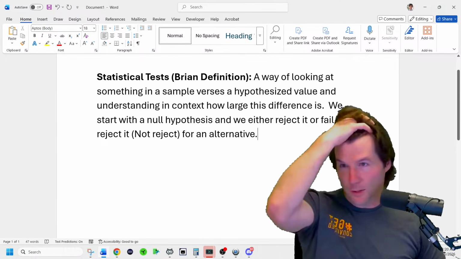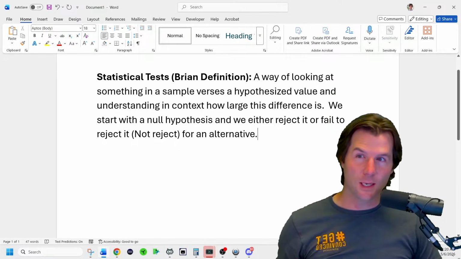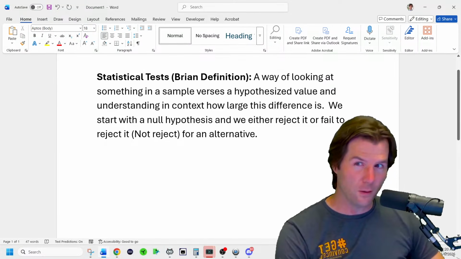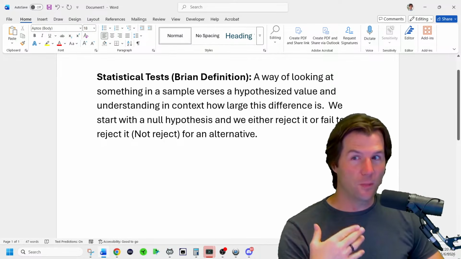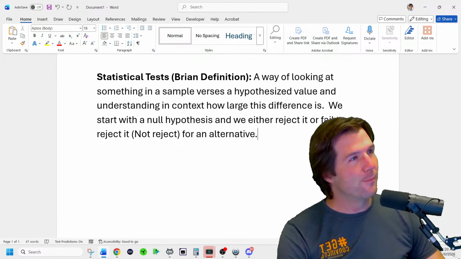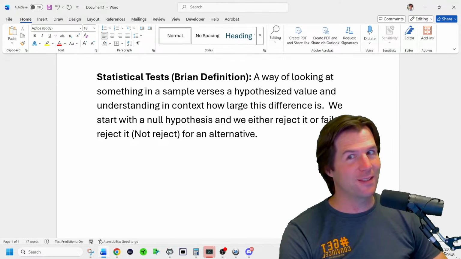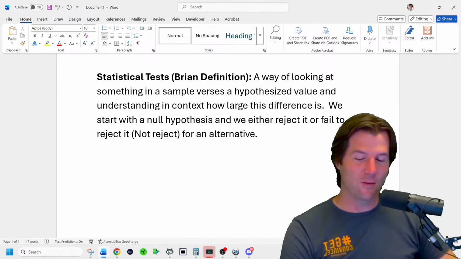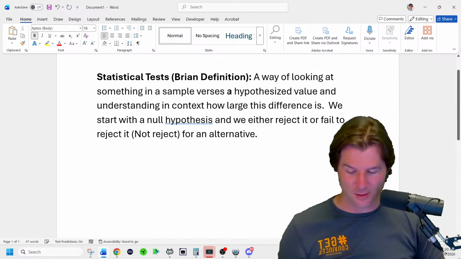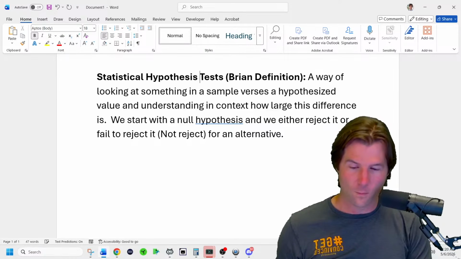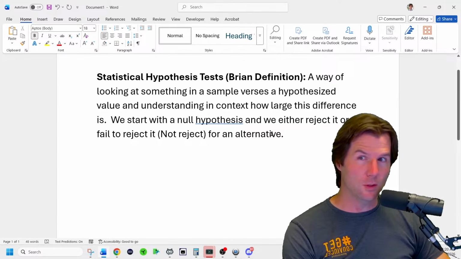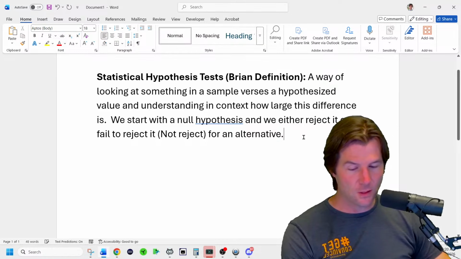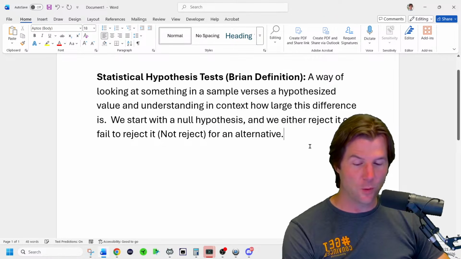When you do a statistical test, it always concludes with a p-value. At least a lot of the ones we do, at least hypothesis testing. Statistical hypothesis tests are going to have p-values. And with this, they have a null and alternative hypothesis. So let's start with the things we should know right here.